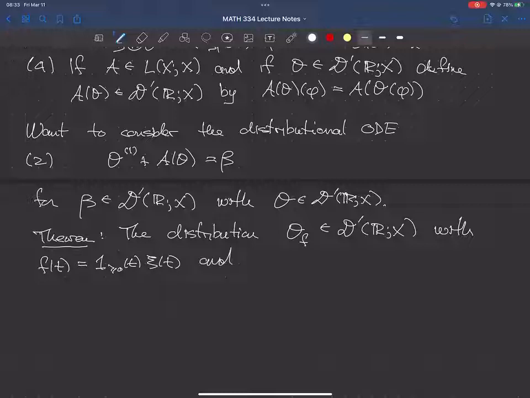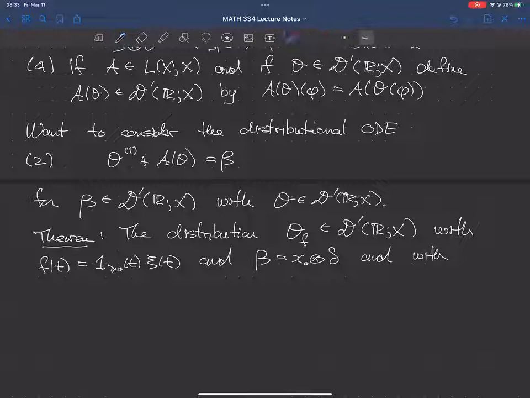And beta equals Dirac. Sorry, my notation for this is I'm going to take the Dirac in the direction of x naught. Okay, so I need to prescribe all this stuff, right? So the solution is theta f with f looking like this. Beta is going to look like this. And so the last thing I need to do is tell you what c is. So I kind of did this in an awkward order, and I apologize.